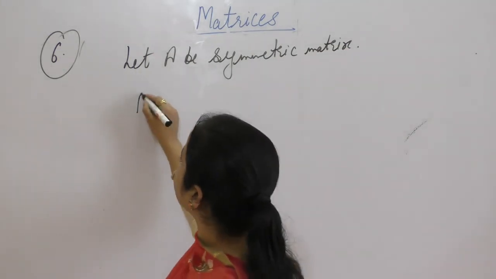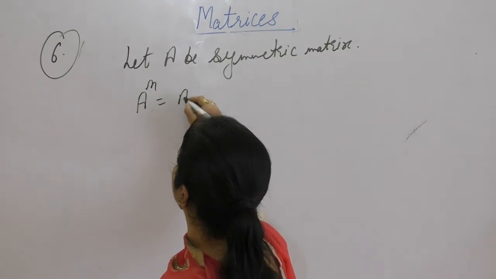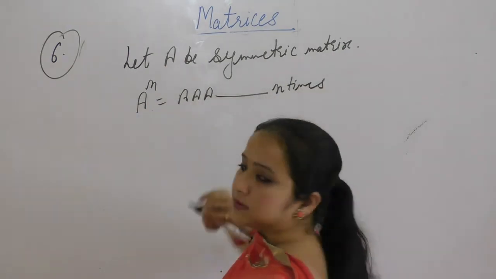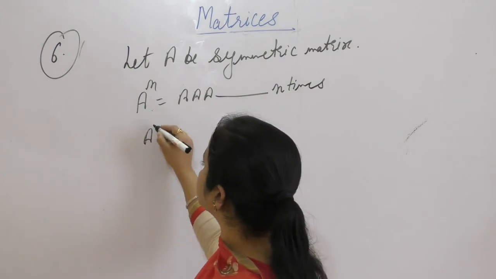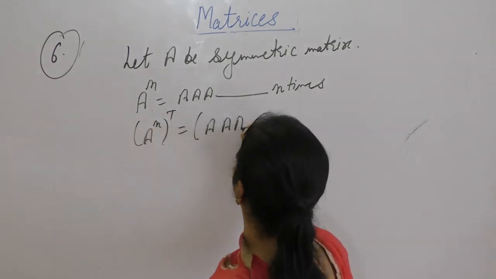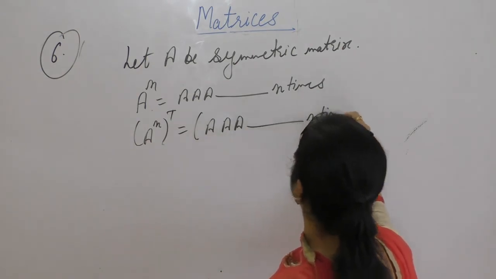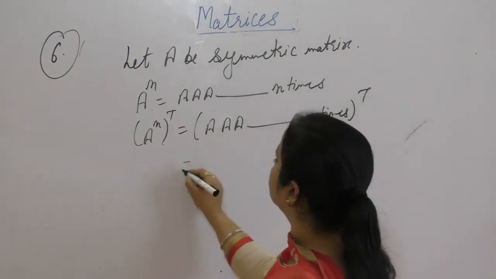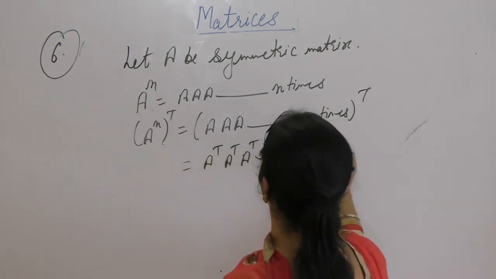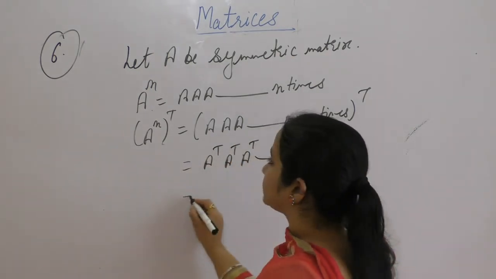We have to prove this. A into A, and so on up to n times. We can write it as A into A, n times, transpose. That is A transpose, and so on up to n times.